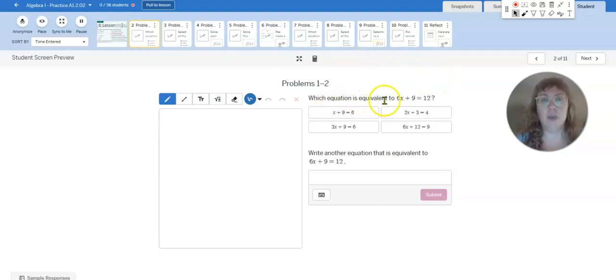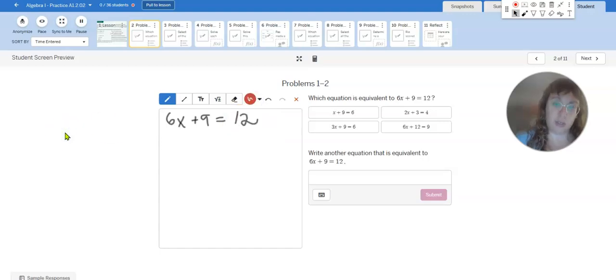The first problem says, which equation is equivalent to 6x plus 9 equals 12? So when we're looking at this, if it's equivalent, that means it's going to have the same solution. So let's look at 6x plus 9 equals 12.